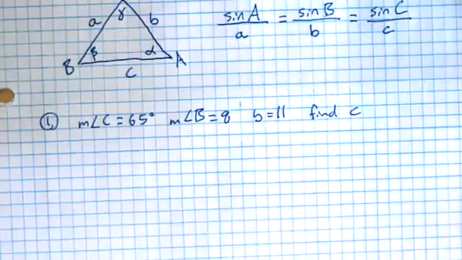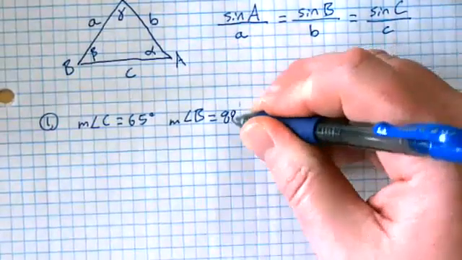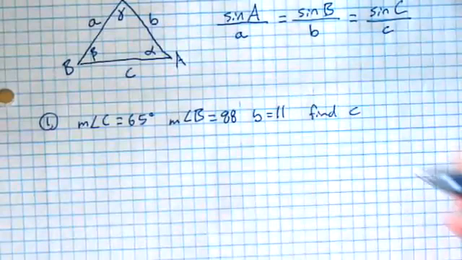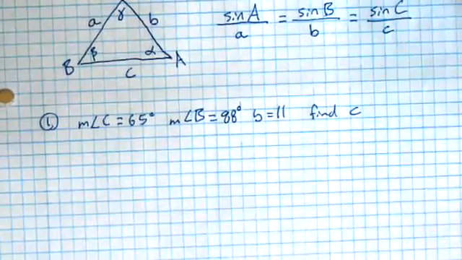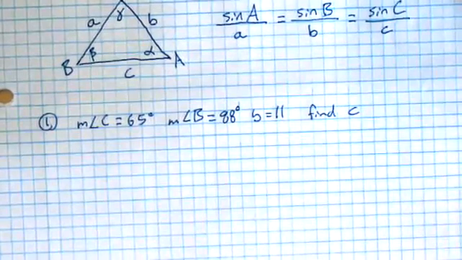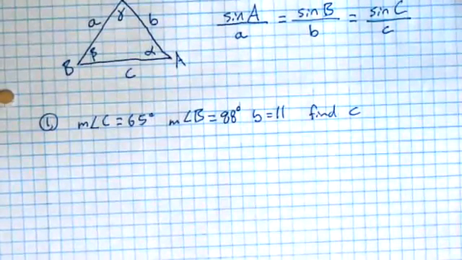Is that 8? That's 88, not 8. Sorry, I was going to say 8 degrees is pretty tiny. This is nearly a right triangle. All right, you got that written down?